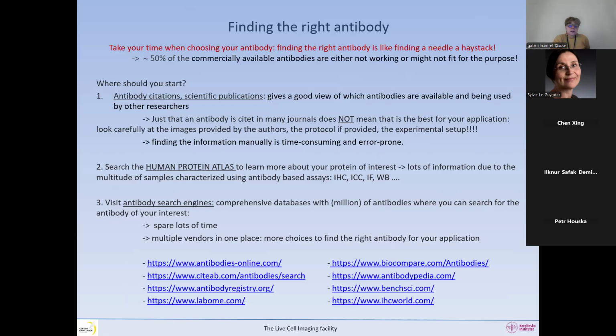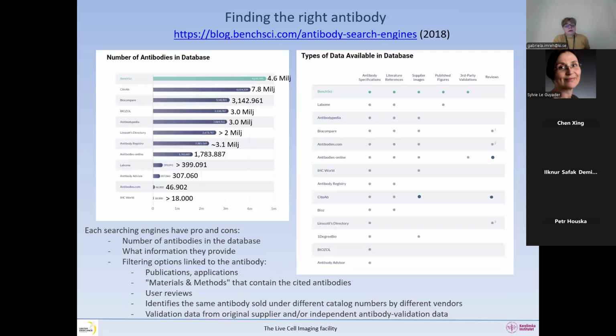And of course, they are not all the same. They differ quite a lot, not only by the number of antibodies they have in their database, but also by what kind of information they provide and the filtering options linked to each antibody.